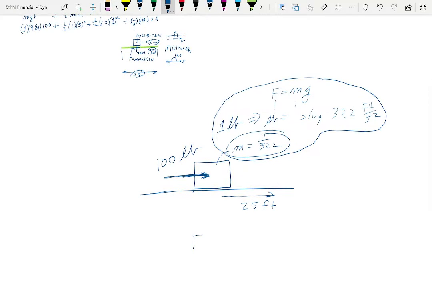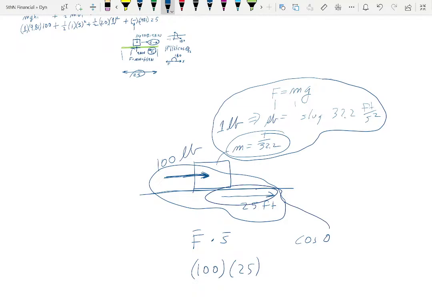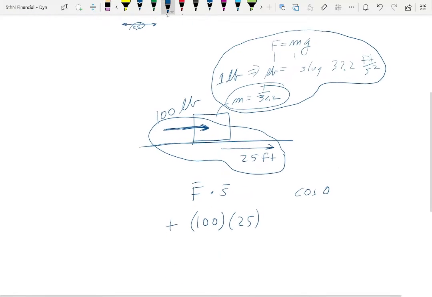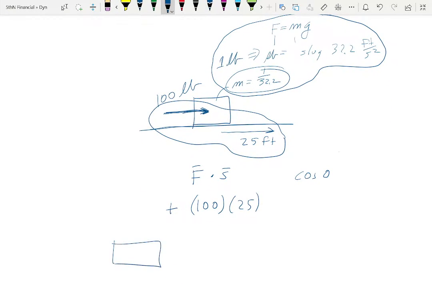So if I took F and dotted with S here, they are both going in the same direction. So I would have 100 pounds times 25, and the cosine of 0, the angle between this vector and that vector, gives me a +1. If I had this in an equation, I would have the energy at T1 plus the energy added, 25 with 2 zeros, equal to the energy at T2.